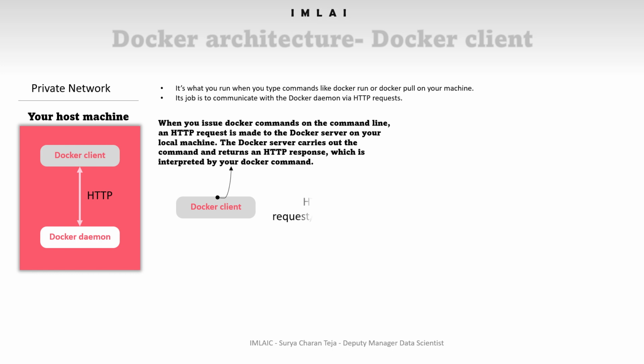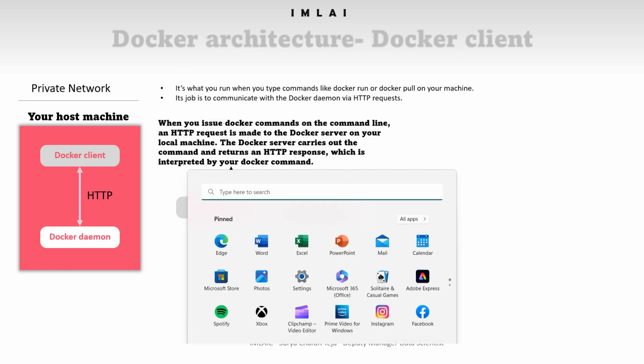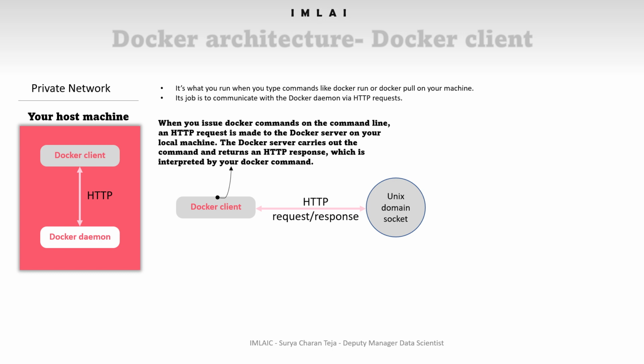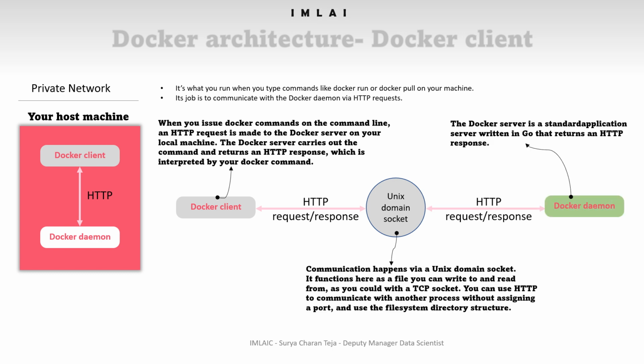Let's take one example. An HTTP request and a response is made, then the Unix domain socket that I have shown you comes into the picture. What it does is make communication happen via a Unix domain socket.